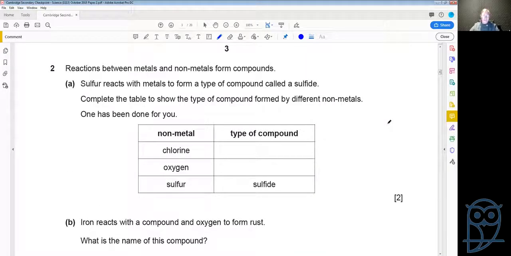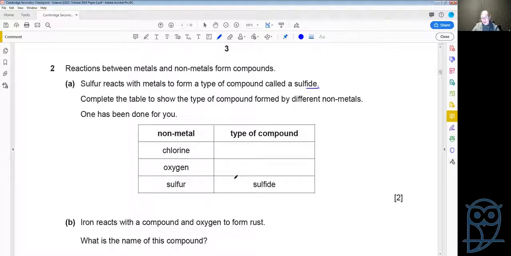So here we go. Reactions between metals and non-metals form compounds. Sulfur reacts with metals to form a kind of compound called a sulfide. Complete the table below to show the type of compound formed by different nonmetals. One has been done for you. So sulfur reacts with metals and forms sulfide.